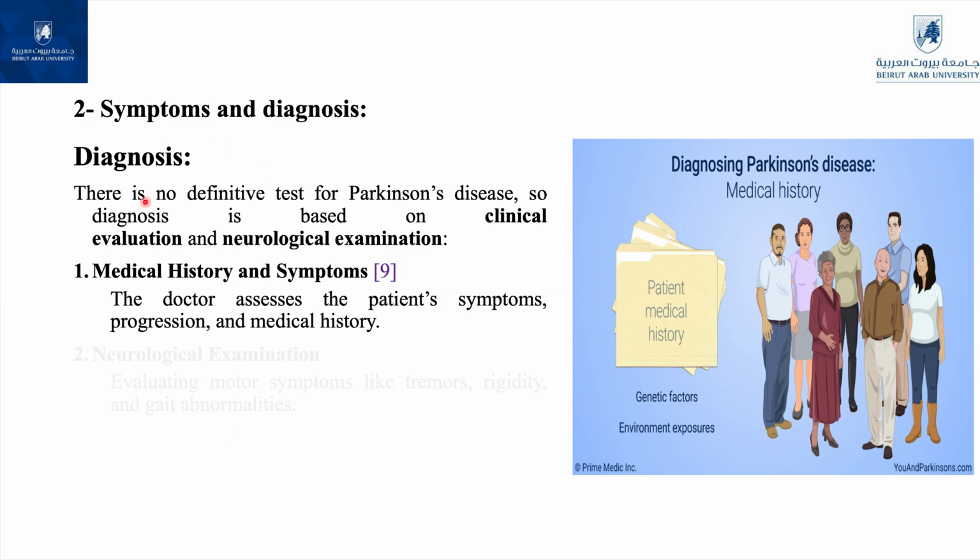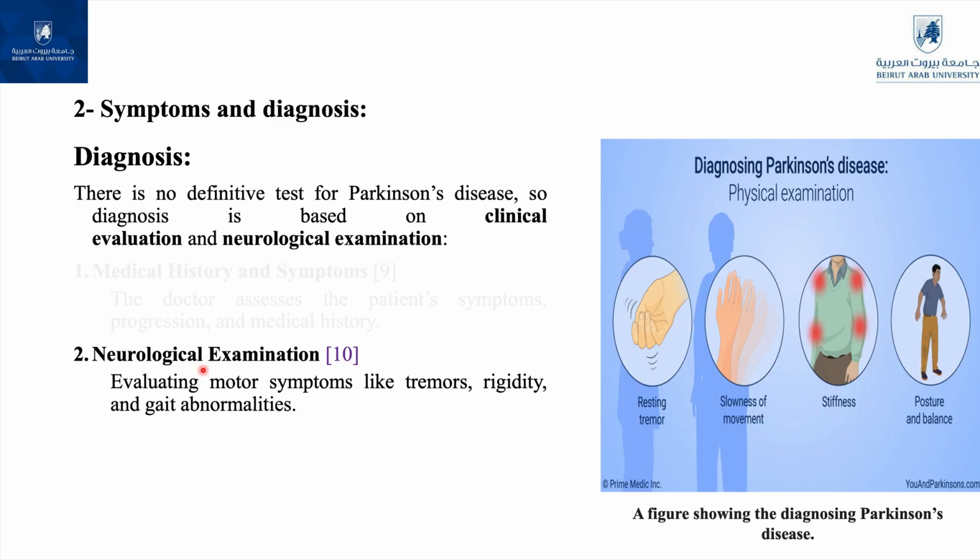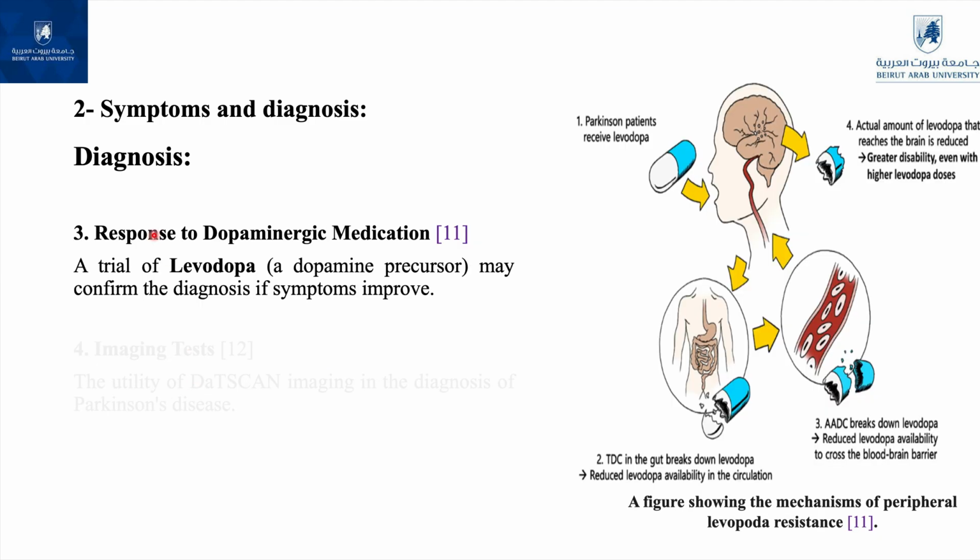Now regarding the diagnosis, there is no definitive test for Parkinson's disease. So diagnosis is based on the clinical evaluation and neurological examination. Doctors can assess the patient's symptoms, progression, and medical history, or doctors can do a neurological examination to evaluate motor symptoms like tremors, rigidity, and gait abnormalities.